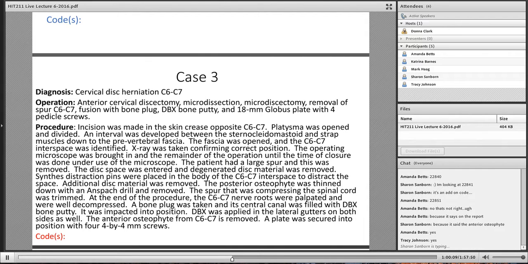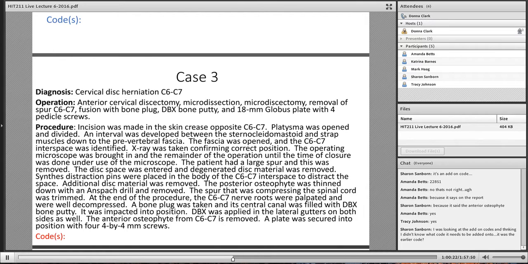All right. Now, the reason why we know to code for this, because when we are doing spinal decompression coding, we need to keep in mind that we're looking at the type of procedures performed, what was the goal of this, which was a decompression. We knew we had a discectomy and a decompression. We also need to know about the fusion. Did we have a fusion?